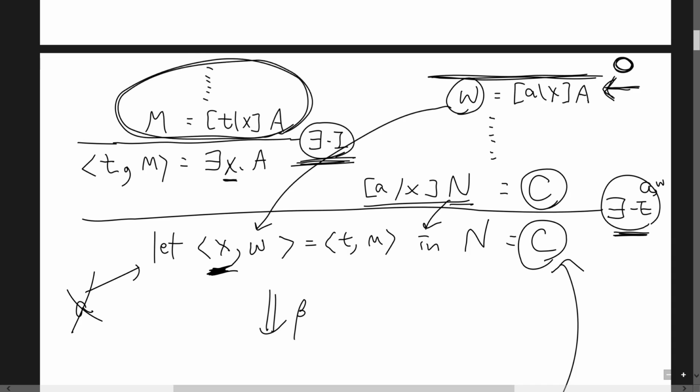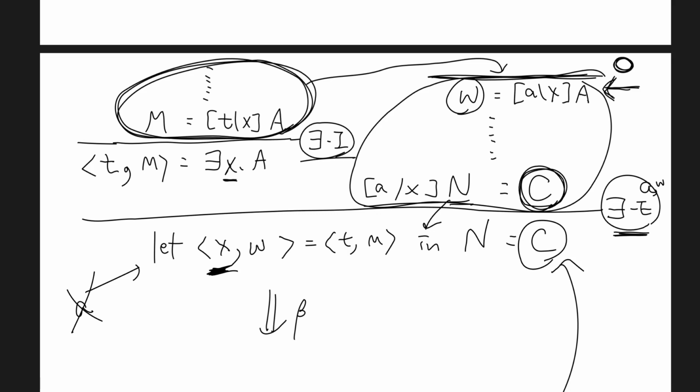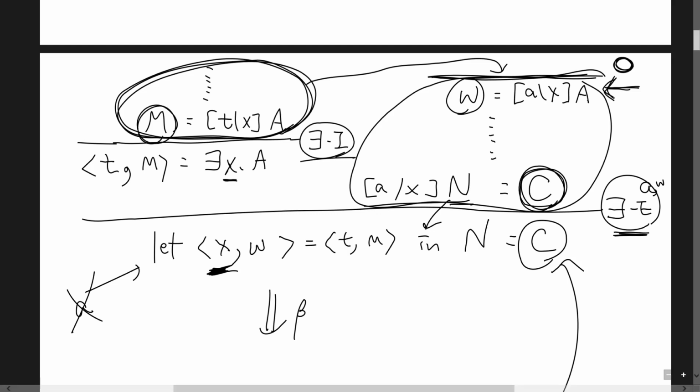So I'm going to compose this one and this derivation tree to build a new proof term of type C. The problem is this proof term has type T for XA, whereas this hypothesis W has A for XA. So there is a difference between these two types.